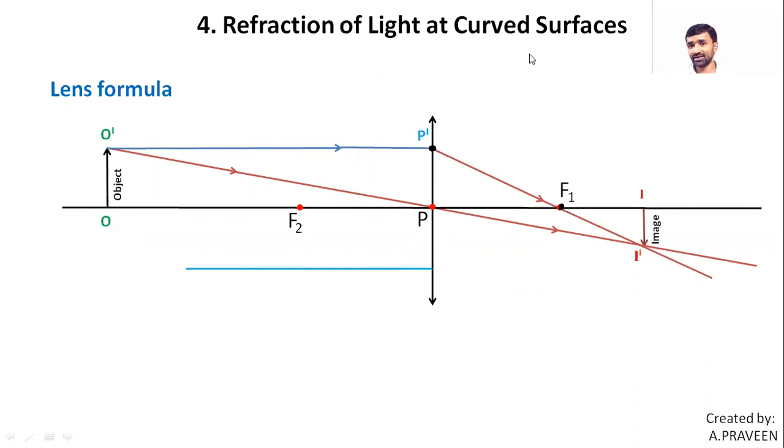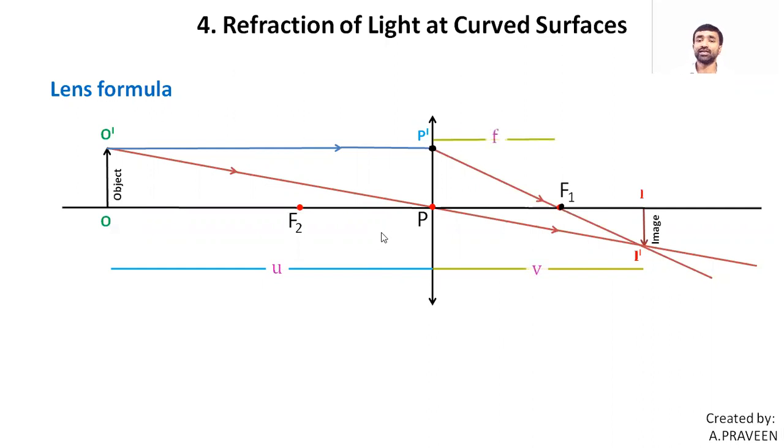Before that, I'm showing you the distances here. What is the distance given by me? Pole to the object: object distance, denoted by U. Pole to the image is image distance, and pole to the focus is focal length.